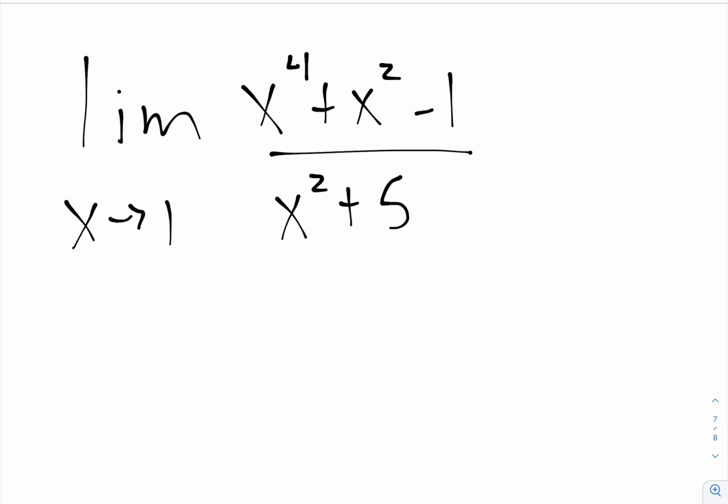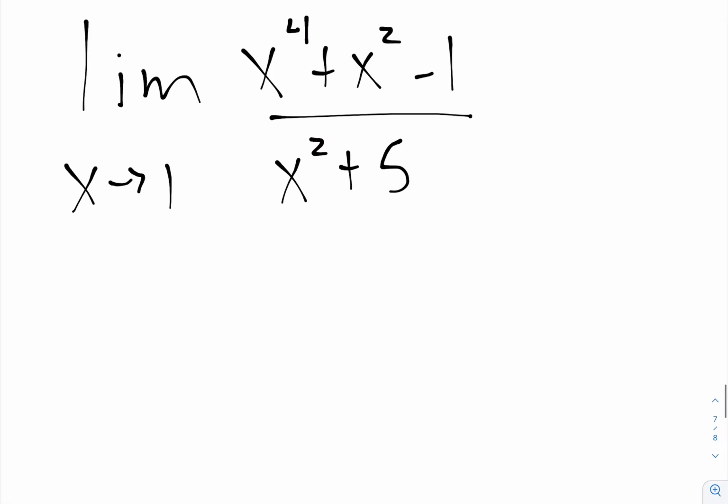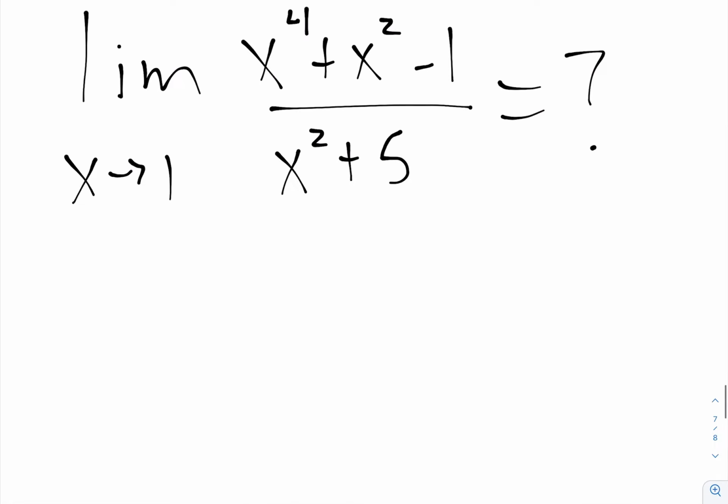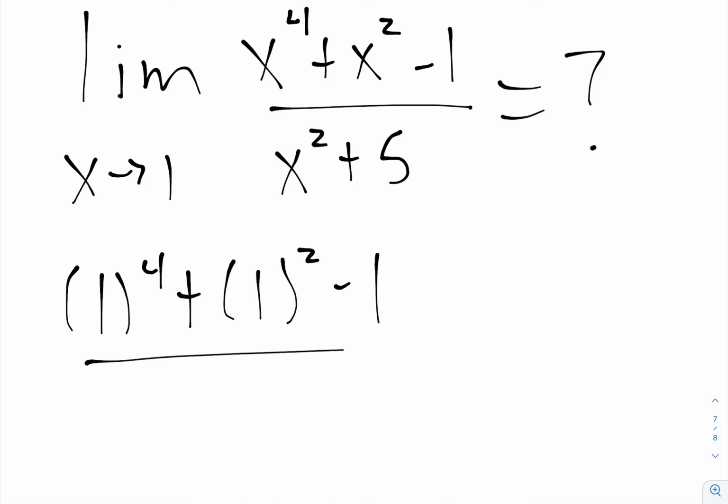Okay, so all we need to do for this one, if we plug in 1 for x, the bottom isn't going to equal 0. So we can just substitute this in and find the value of the function at x equals 1. We're not going to have to do any algebraic manipulation. All we do is plug in 1 for x. So 1 to the 4th plus 1 squared minus 1 over 1 squared plus 5.